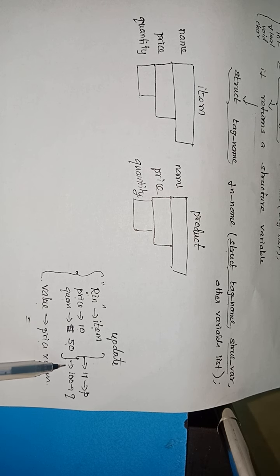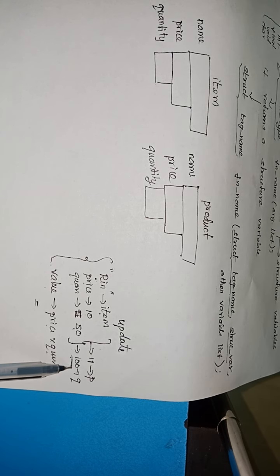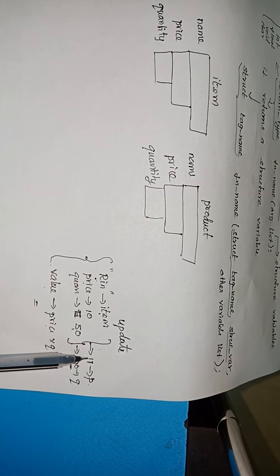Now a new stock arrives, and 100 rinse soaps arrive at the store, and now the cost becomes 11. Earlier it was 10. Now the company offers it for 11.